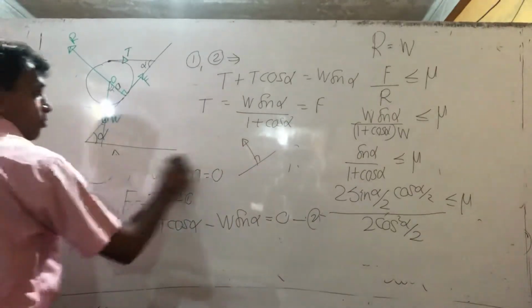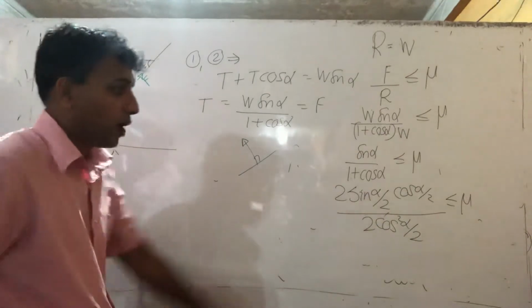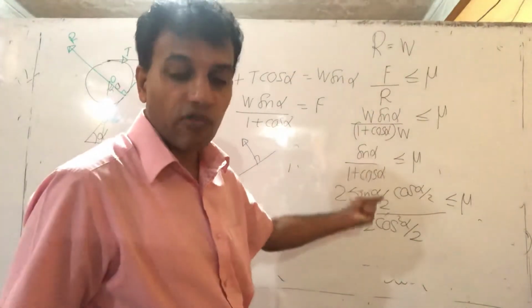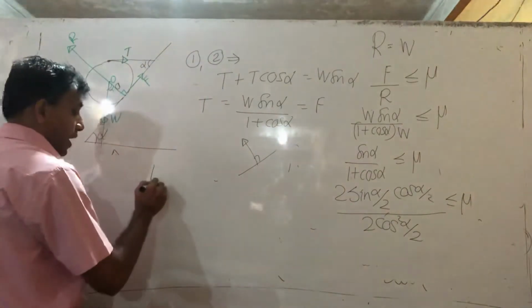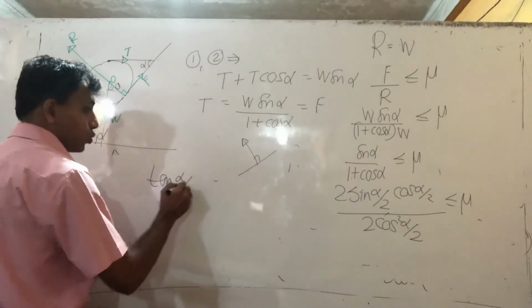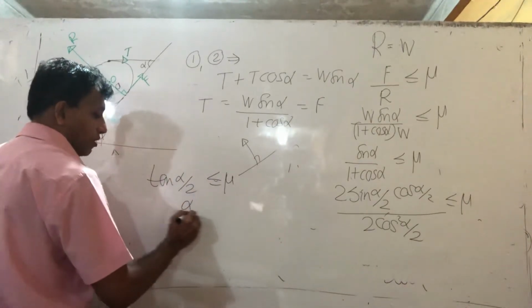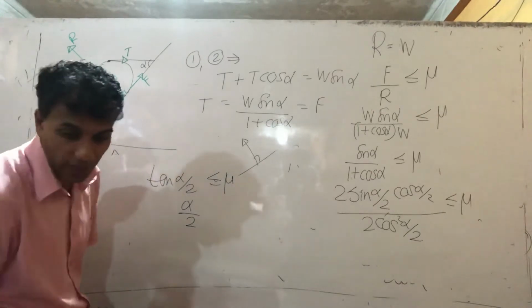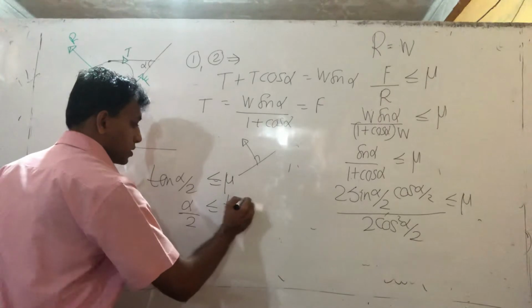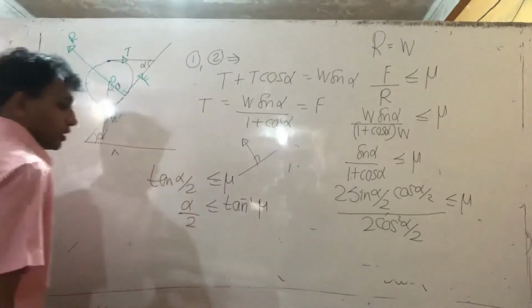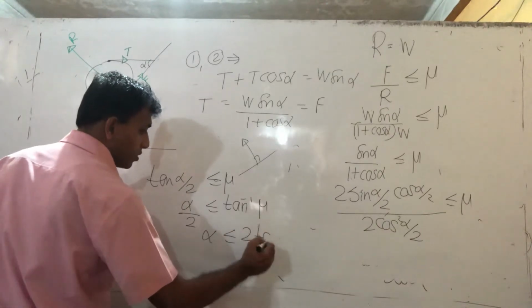Therefore find the answer. 2 cancels, one cos cancels, sin alpha by 2 over cos alpha by 2, that is tan alpha by 2, less than or equal to mu. Therefore alpha by 2 is less than or equal to tan inverse mu, that is, alpha is less than or equal to 2 tan inverse mu, right?